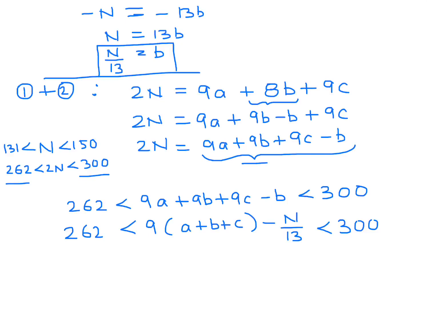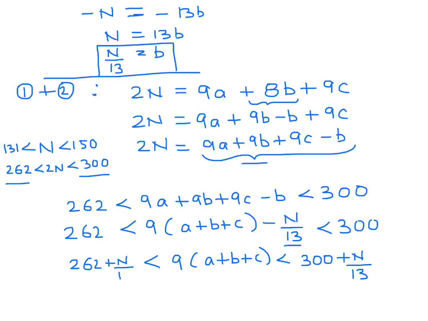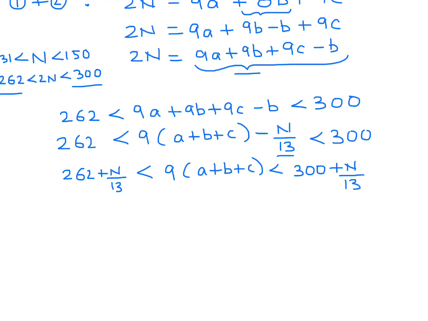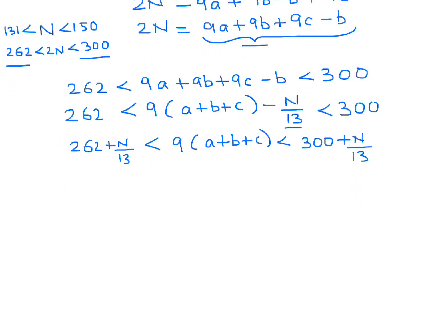All right. Now what we have to do is bring the n over 13 part over to both sides. So it becomes 300 plus n over 13 and 262 plus n over 13, like that. And n over 13 is what? Well, n is between 131 and 150.